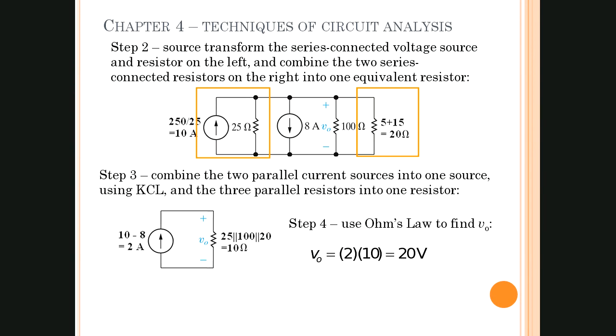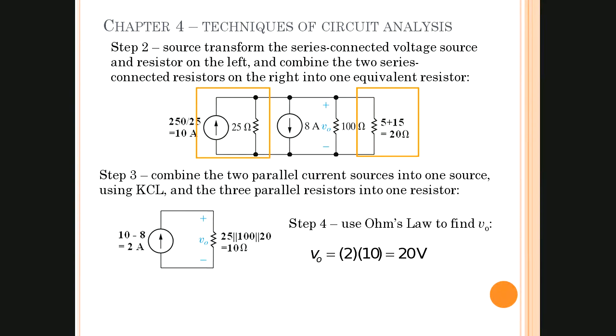So step 3 says combine two parallel current sources into one source. Since we had 10 amps in one direction and 8 amps in the other direction, we get 2 amps. And so we have a 2 amp source going up.